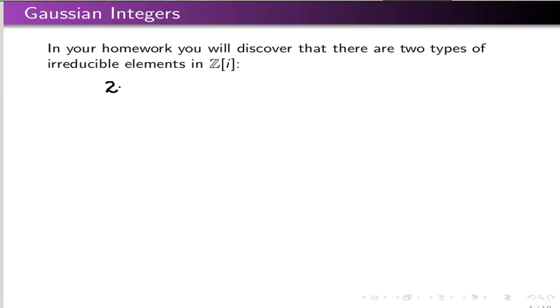I could take the prime 2, and you'll notice that it's 1 squared plus 1 squared. It's a sum of two squares. And there's a trick for factoring a sum of two squares. You can write it as 1 minus i times 1 plus i.